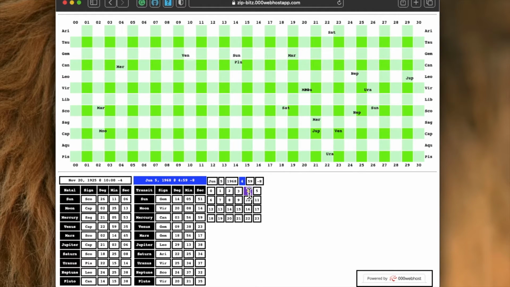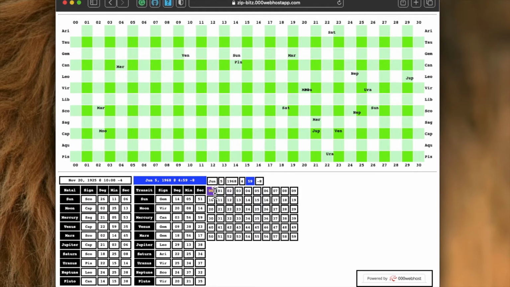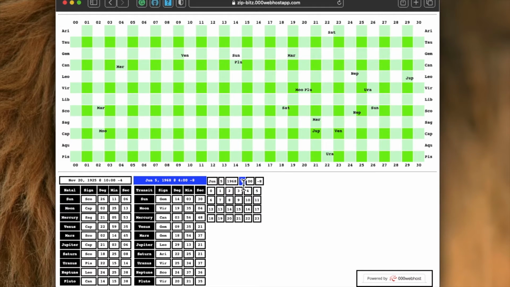Might have been changing the truth a little bit for the public. So it might have been right around 4 a.m., 5 a.m., I don't know.